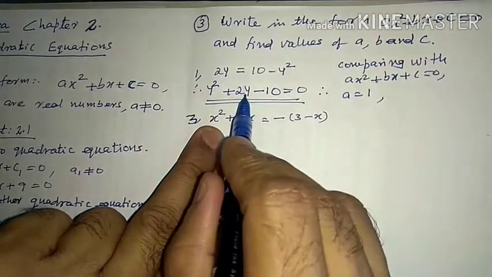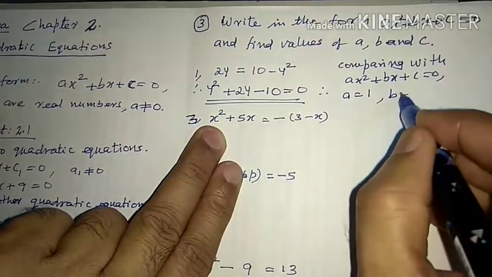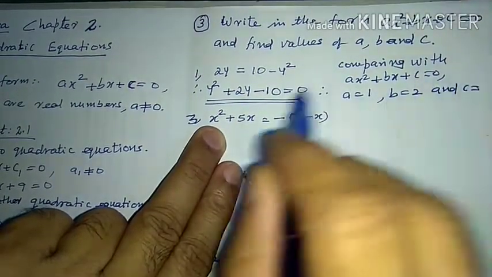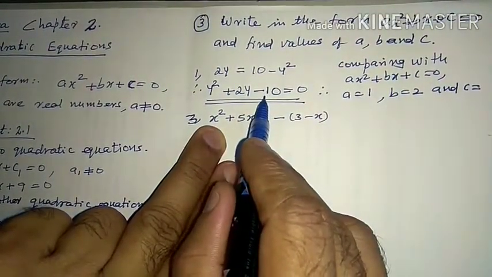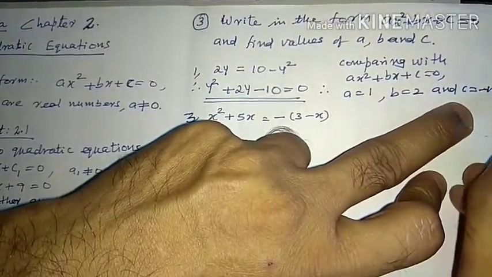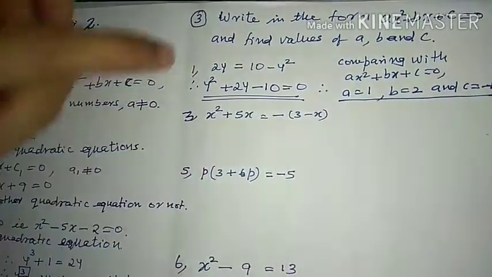Like the x variable, y is the variable here, its coefficient is 2, b is 2, and c is the constant term, minus 10. These are the values of a, b and c in this equation.